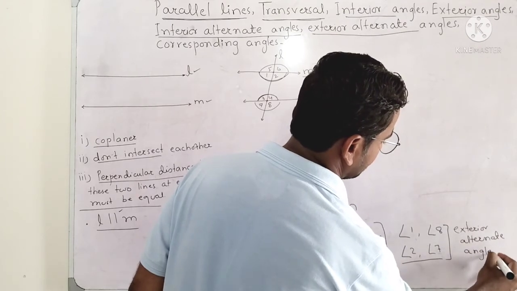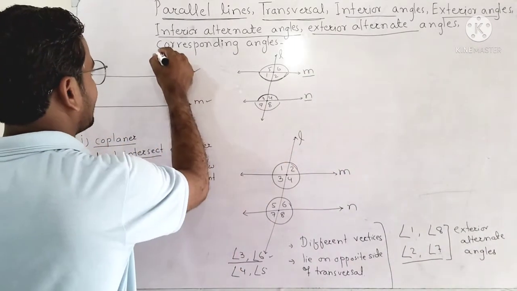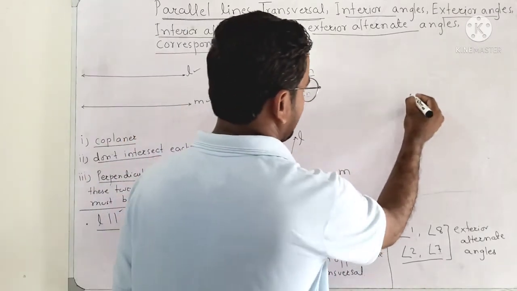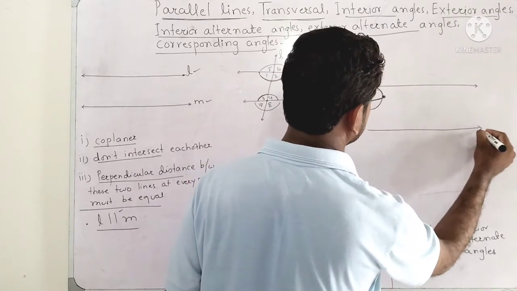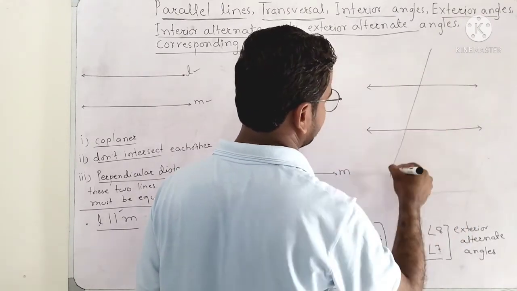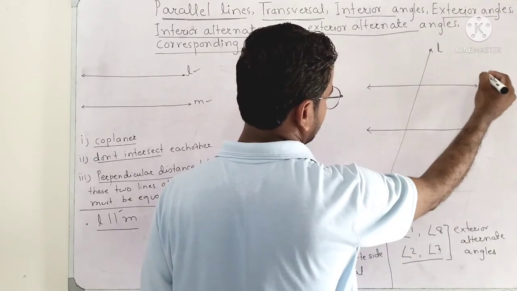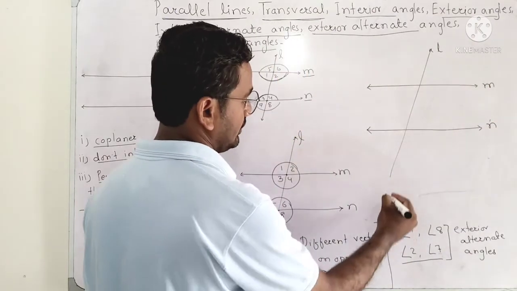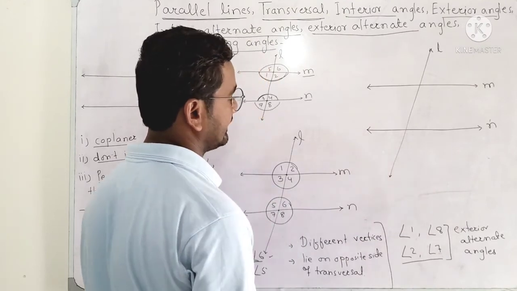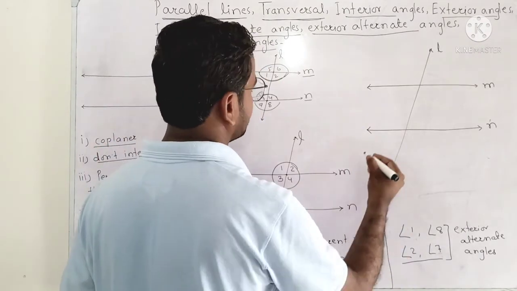Now come to the corresponding angles. Similarly, these are the two parallel lines. Here transversal L intersects these two parallel lines M and N. When this transversal intersects, 8 angles are formed.